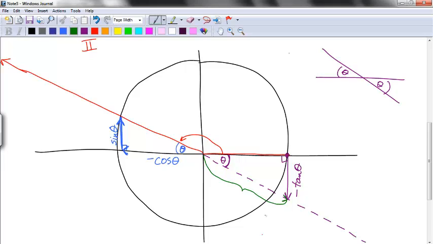Now, how can you tell if it's positive or negative? The terminal vector is going this way. Your secant's going this way. They are in the opposite direction. Another way to say it, if it's on the dashed line, it's negative. So this would be negative secant of theta.